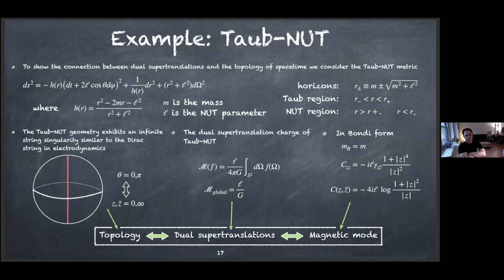So this example shows explicitly the connection between the non-trivial topology, the non-trivial dual supertranslation charge, and the magnetic mode.